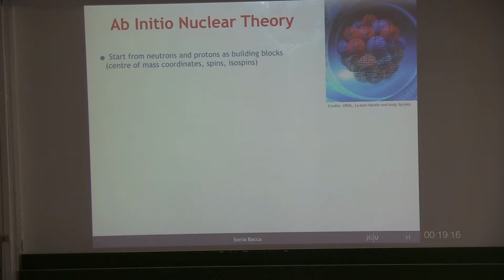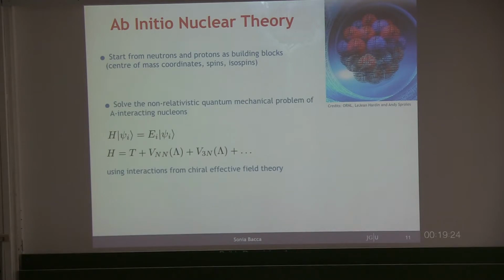Here, what I mean is that you start from neutrons and protons as your degrees of freedom, and you solve the non-relativistic quantum mechanical problem, which basically means the Schrödinger equation, H psi = E psi, where in your Hamiltonian you have, besides the kinetic energy, these two- and three-nucleon forces. In principle, you can also have four-nucleon forces that are derived from chiral effective field theory.